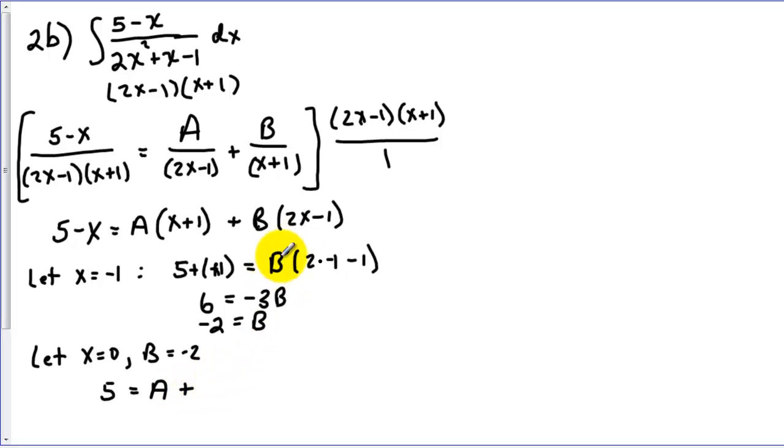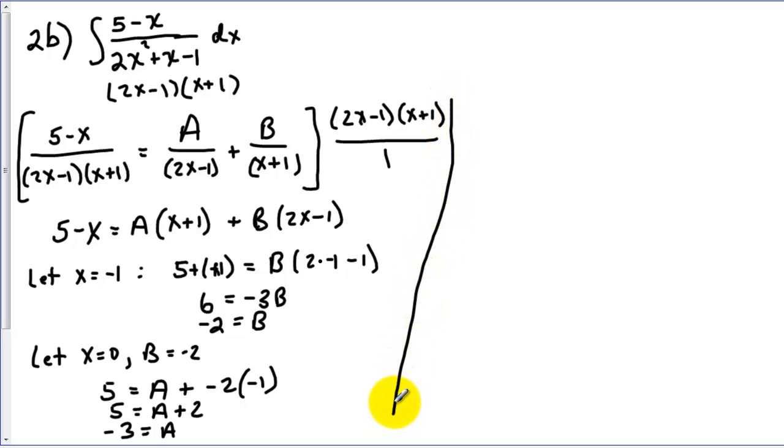Now for the b, I have to put my -2 in. And then in here, I'm putting 0, so I have 2 times 0 is 0 minus 1, so times -1. So I get 5 equals a plus 2, or a equals -3. So again, that was our partial fraction decomposition.